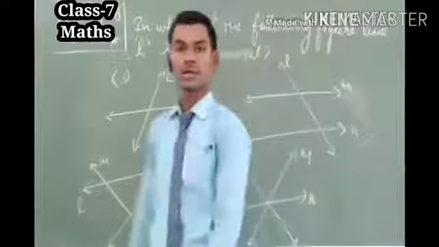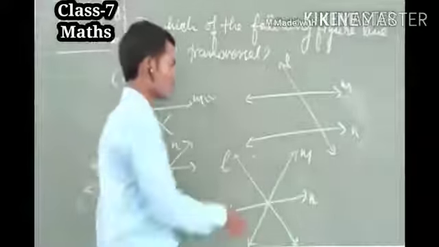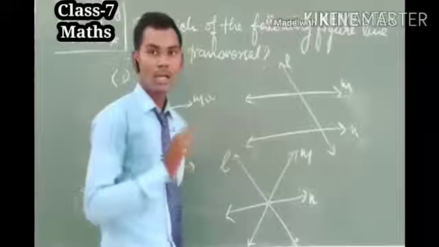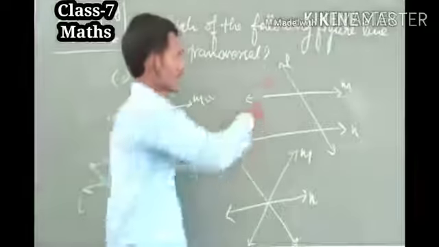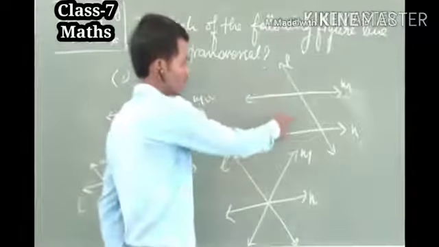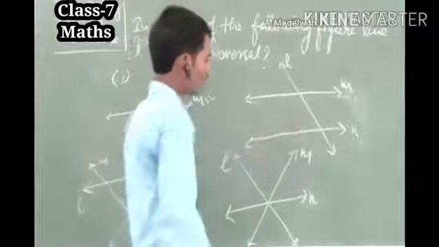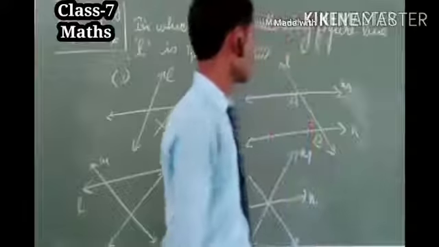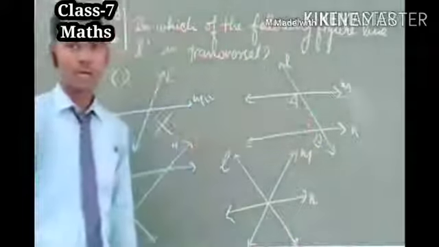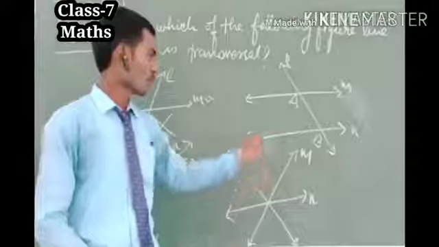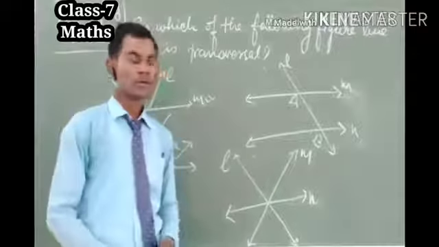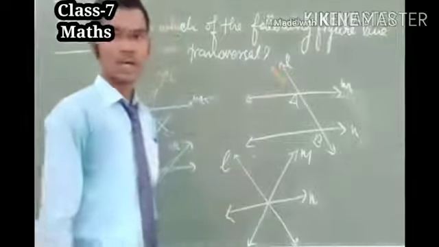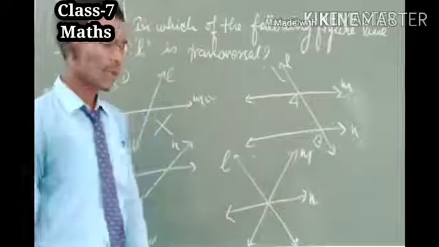And let us see figure 2. In figure 2 there are two lines, M and N, given, and the line L intersects the two lines at point A and point B, so the intersecting points are different for each line. So in the second figure, the line L is a transversal.